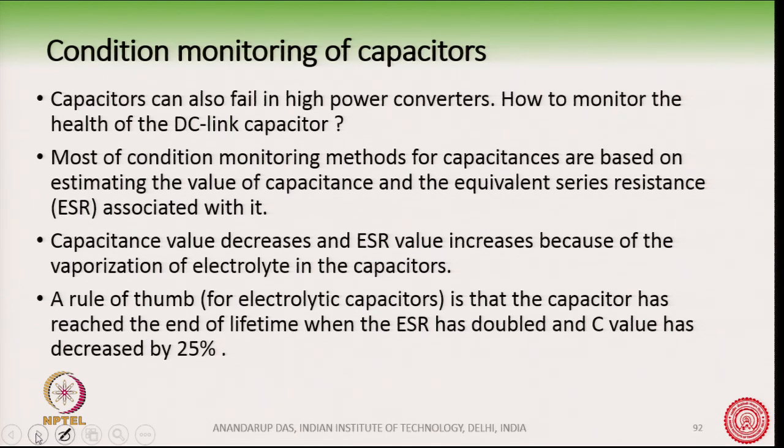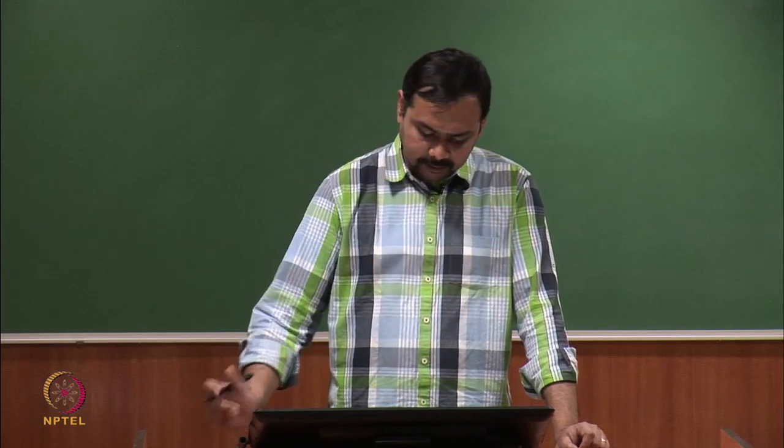So, if we can measure this ESR value or the capacitance value in situ, then it is possible to know the health of the capacitor. A rule of thumb is that the capacitor has reached the end of its lifetime when the ESR has doubled, and the C value has decreased by almost 20 to 25%.